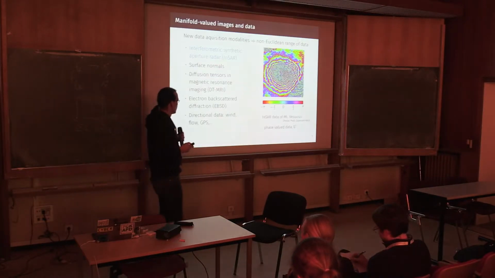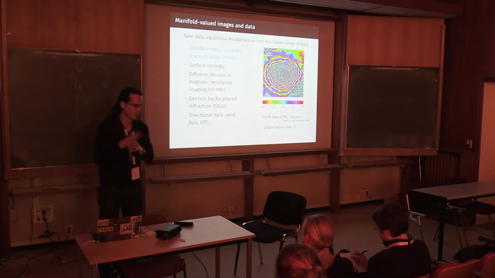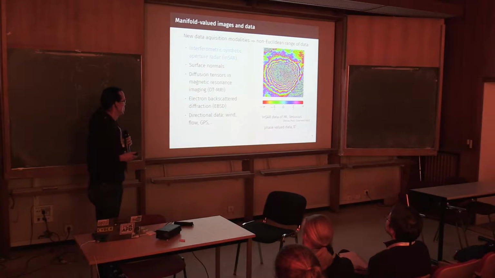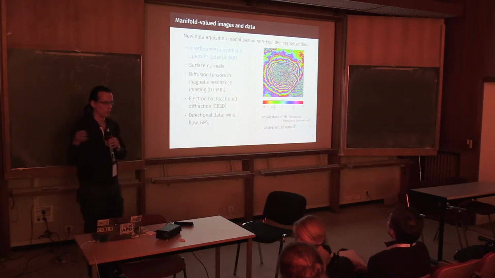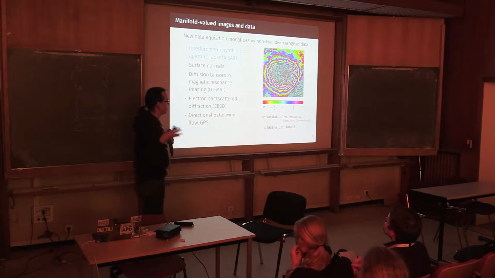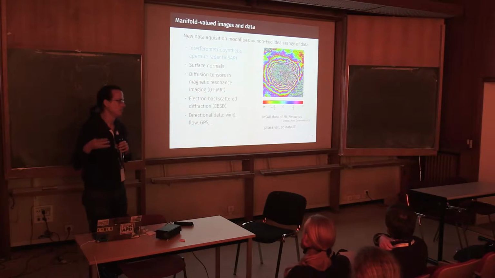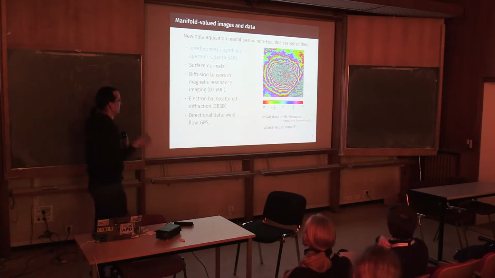So, manifold-valued image processing. For several data, we just saw wind fields, for example. We have data given on a regular grid, like an image grid, but the values are not Euclidean, like gray-valued or color-valued images; each pixel is a value on a manifold.